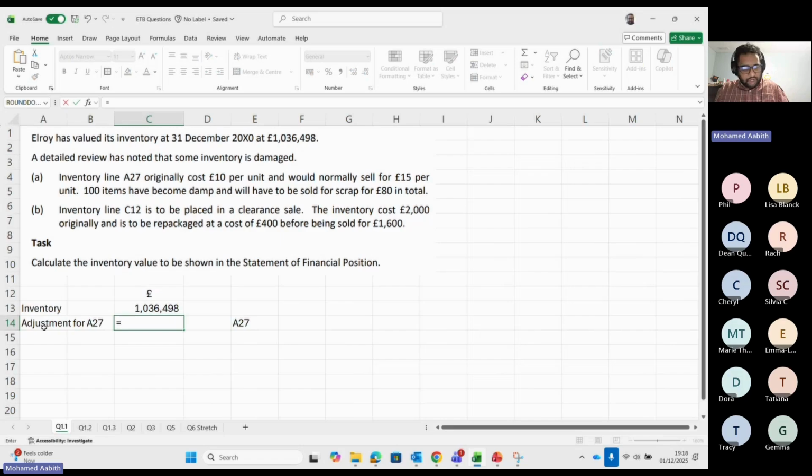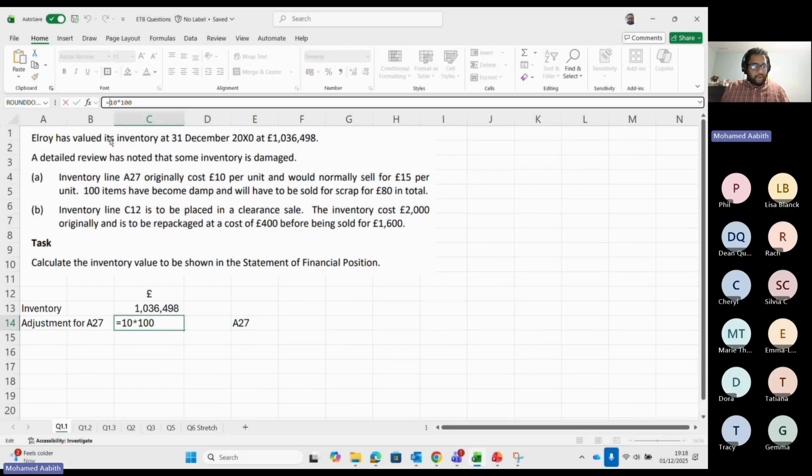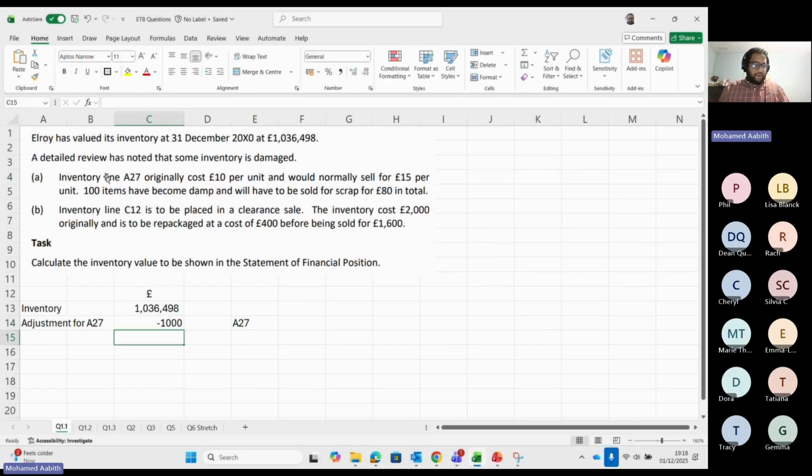That amount is going to be 10 times 100. That needs to be removed. So this one is going to be equal to minus that one. So we're going to remove that. Let's make the thousands separator as well. The next thing we have to do is add £80. That is my new net realizable value.